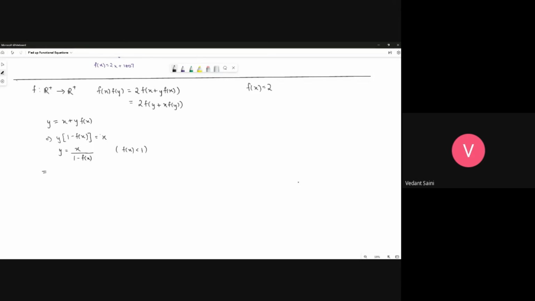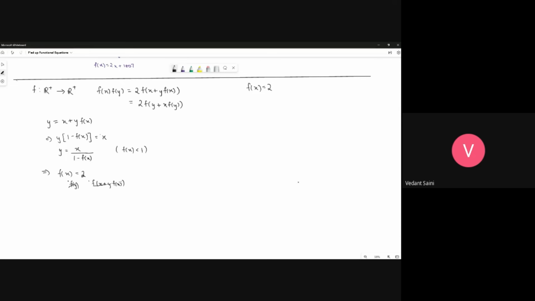So if f of x is less than 1, putting y equals this value will get us equality, because f of y and f of x plus y f of x are equal, so they cancel out. But this is a clear-cut contradiction because first we assumed f of x is less than 1, and now we are proving f of x equals 2.